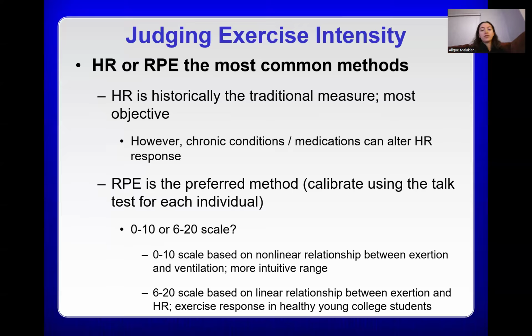Every chapter we go through, we will talk about drugs that certain people might be on if they have a certain chronic condition, and we'll talk about how that changes their heart rate response to exercise. So, the book's recommendation, remember, they're all experts that have dealt with these topics for most of their lives. They say that RPE is the preferred method. And the best way to calibrate this is to use the talk test for each individual.